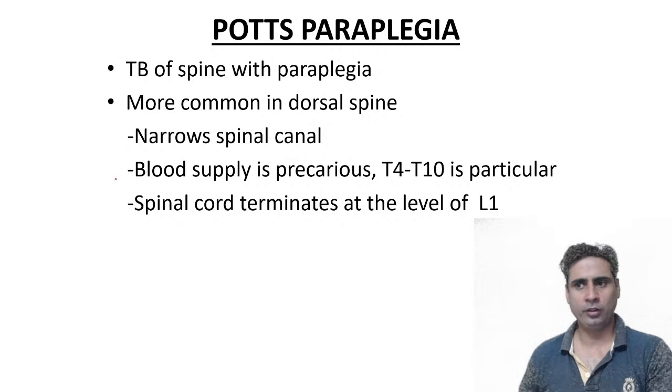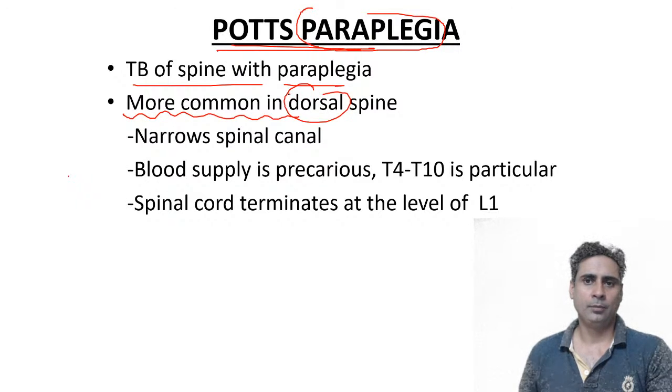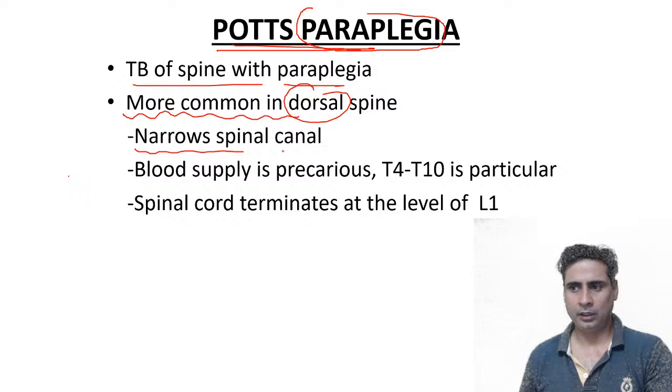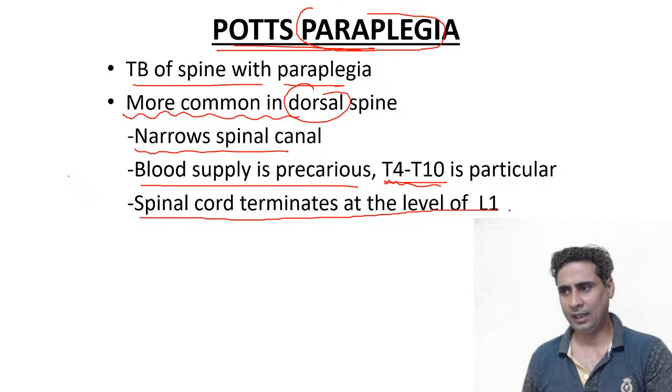Sometimes tuberculosis of the spine, that is Pott's spine, can lead to paraplegia, which is known as Pott's paraplegia. So, paraplegia caused by tuberculosis of the spine. It is more common in tuberculosis of the dorsal spine because the spinal canal is relatively narrow in the dorsal spine with more neural structure. Blood supply is precarious, particularly in the area of D4 to D10, and the spinal cord terminates at L1 level.